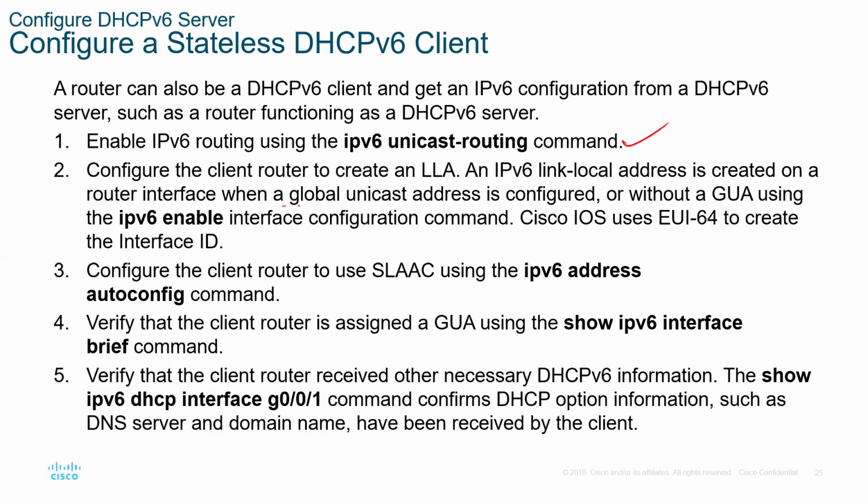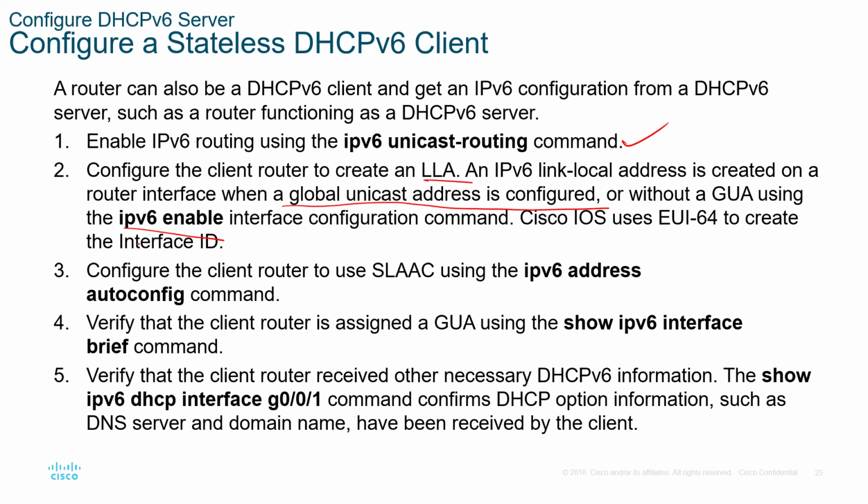If you create a GUA, then a link local address will automatically be there. Or you can use this ipv6 enable interface configuration command, which allows the router to create its link local address automatically without needing to create the GUA.